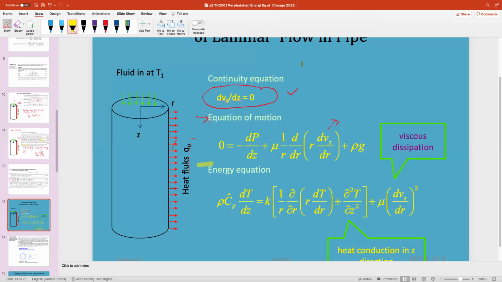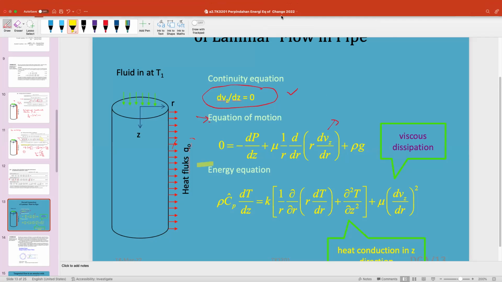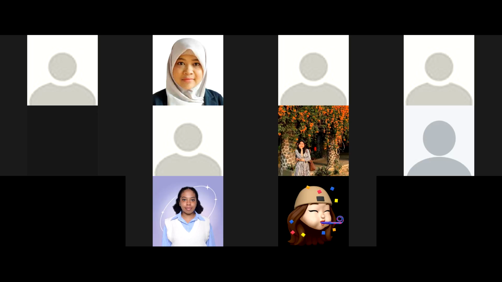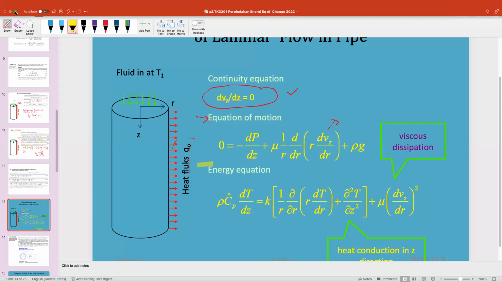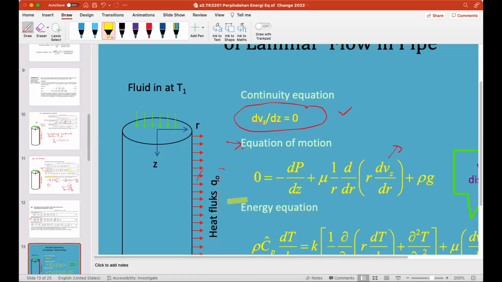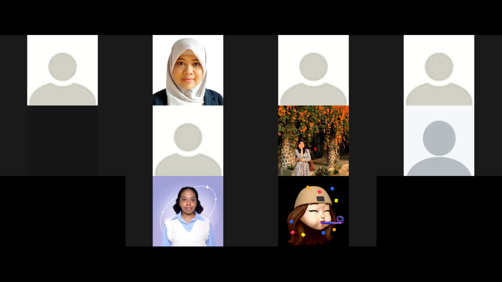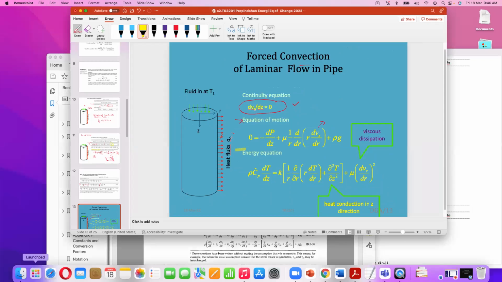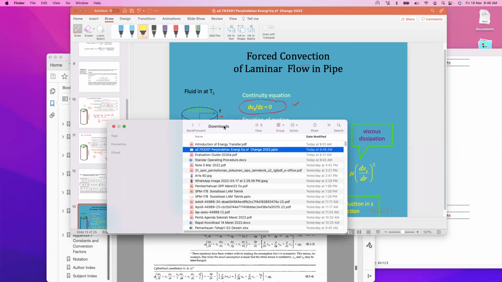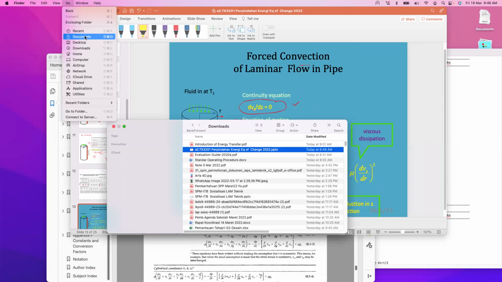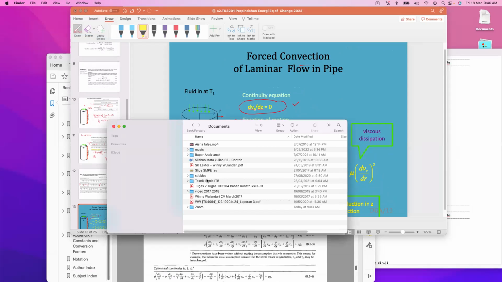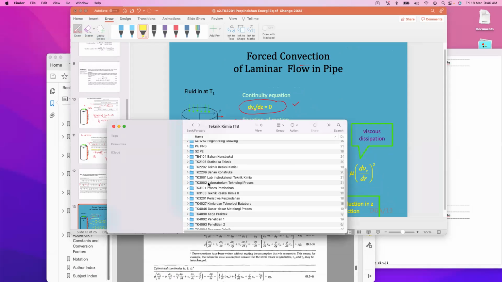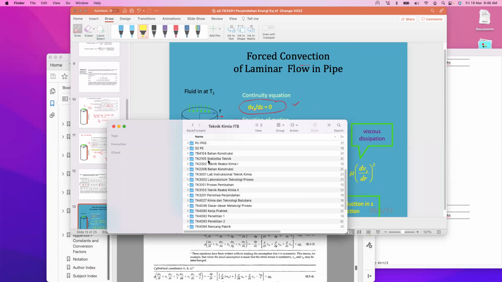Let me stop sharing and share the screen again, and let's compare it with the one that we learned the last few weeks from the previous slides.